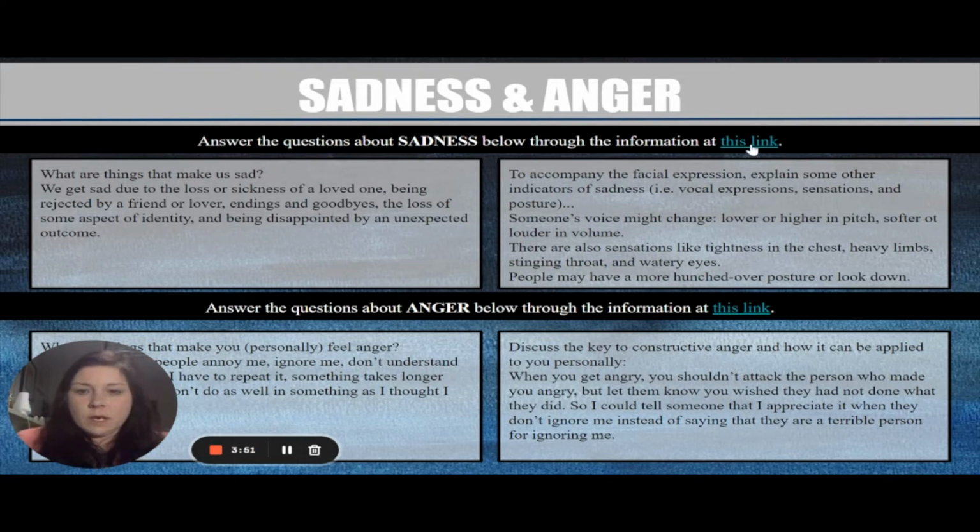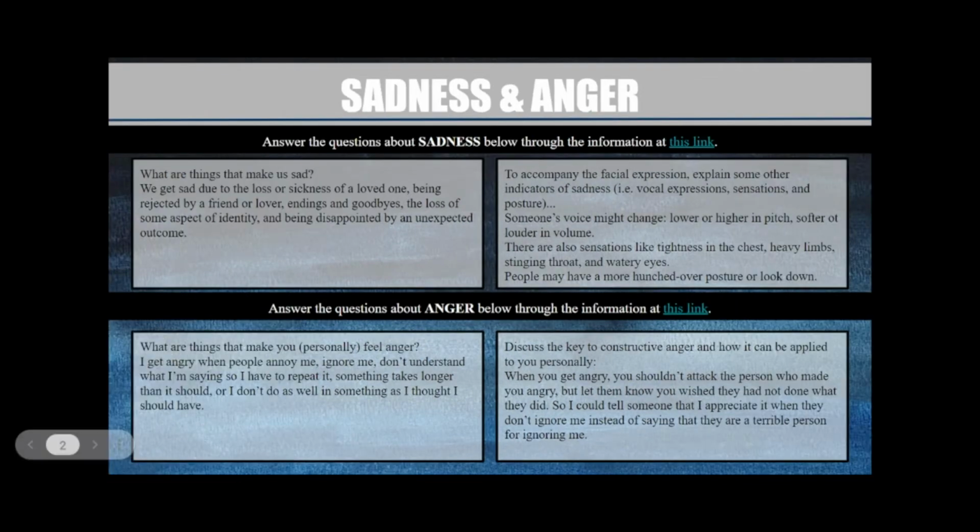And this is a great website that they should also read. Once we look at both of the facial expressions, I have them go to their student workbook and follow this link.